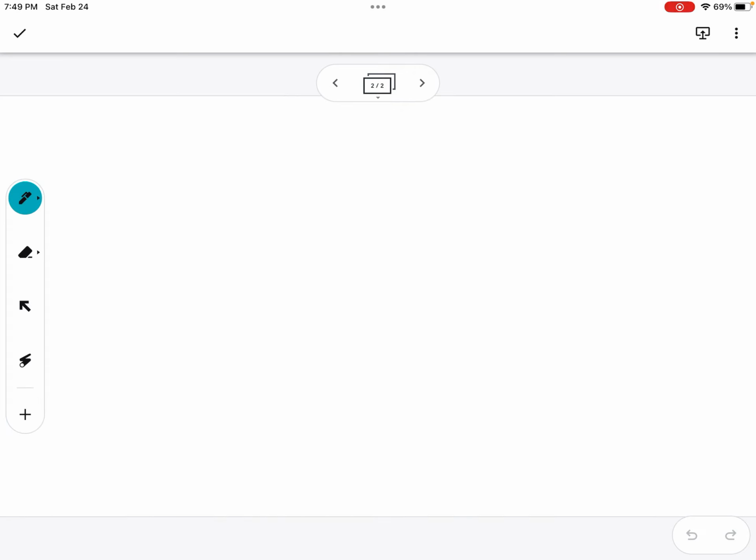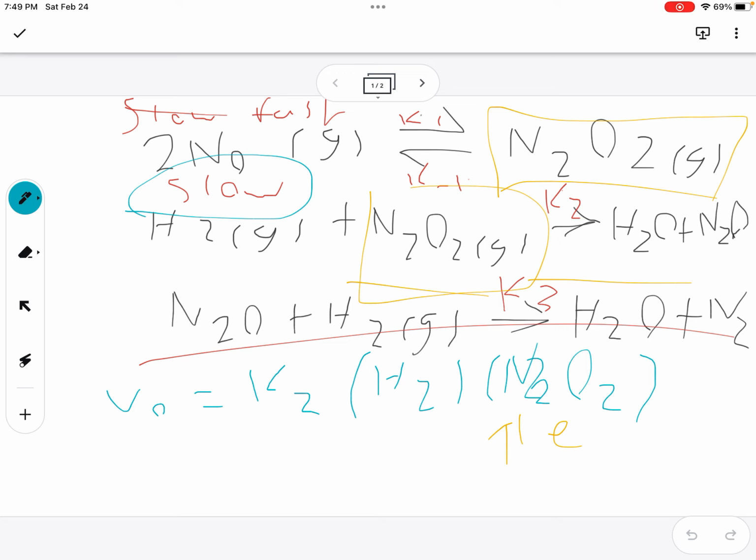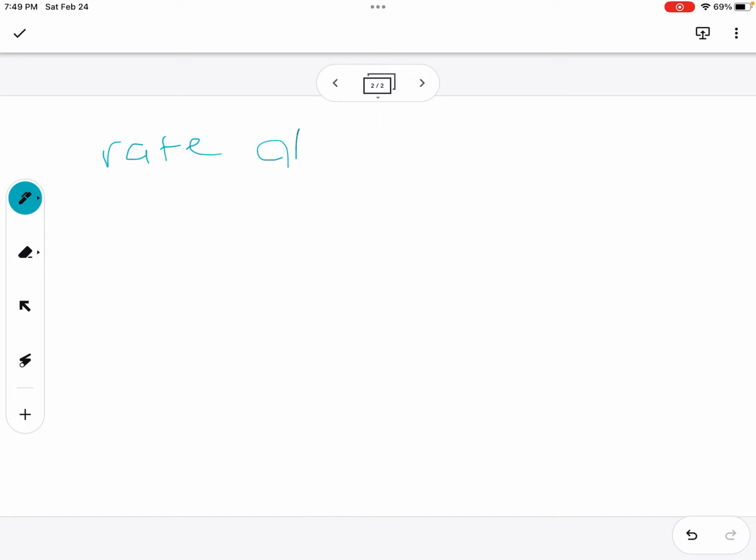So what we want to do now, sorry you can't see the Jamboard while I switch to the next slide. Sorry about that. But what we want to do now is use the steady state approximation. So the steady state approximation states that the rate of formation of the intermediate, which is N2O2, is equal to the rate of consumption of N2O2.